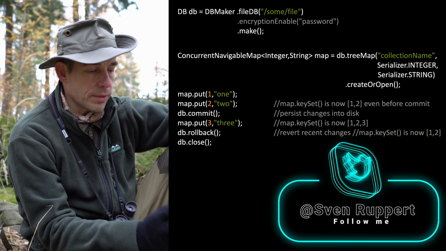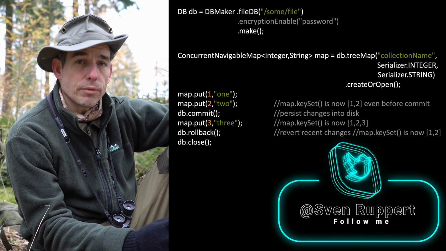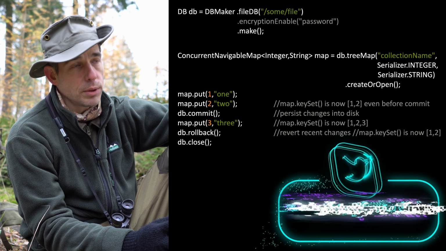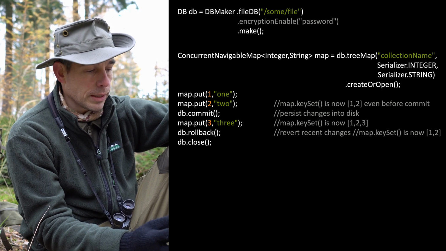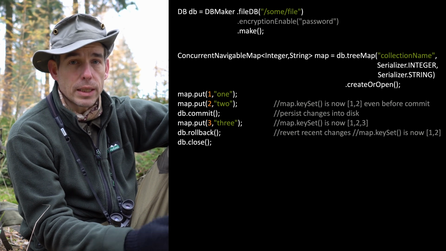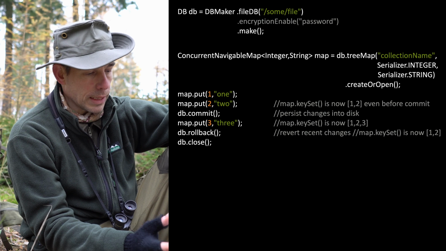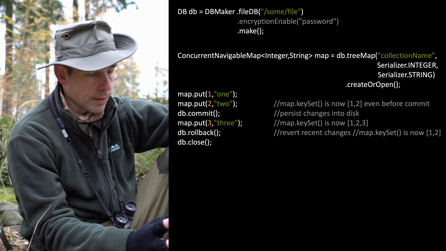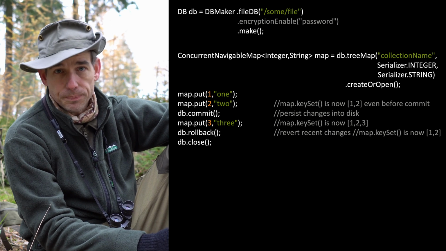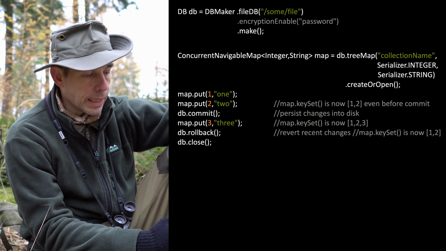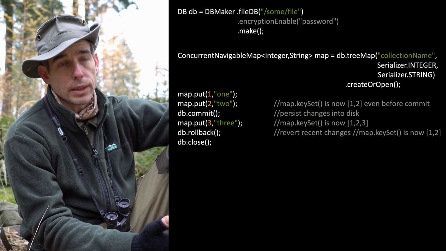And then you have this DB. If you want a data structure from this DB, you invoke the method that will give you the corresponding data structure, for example here the tree map. And again, if you want to have a tree map, you have to offer at least 2 params. One is the name of the map, so the entity, and the next one is the key and value serializer.